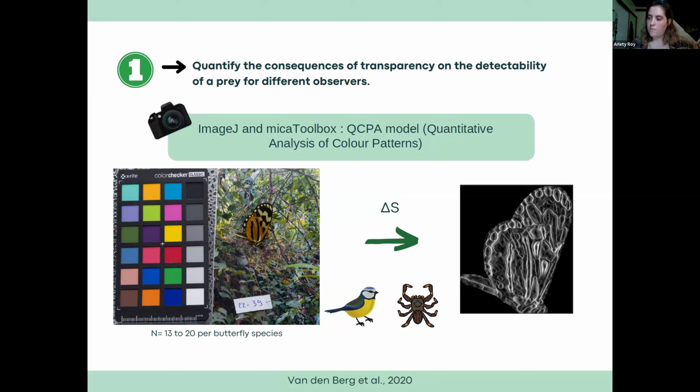And we used a model called quantitative color pattern analysis with the ImageJ software, and with several predator vision models, the Blue Tit and the Salticidae. This model is based on three criteria: the abundance of the cones of the eye of the chosen visual system, its visual acuity, and especially the distance of the prey from the observer.